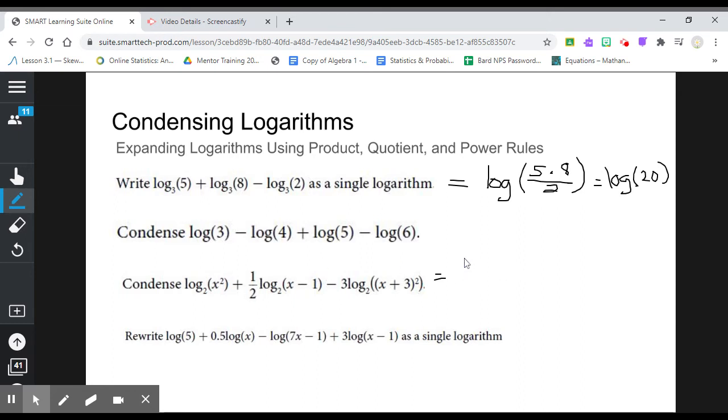So I'm going to start rewriting. I'm going to write my one log. I know I'm going to need that. And I'm going to put a nice big parentheses because I know I'm going to need plenty of space. I'm going to start by writing my x squared term. So x squared, I have 1/2, so it's plus x minus 1. And I know this was 1/2, so it must have been to the 1/2 power.